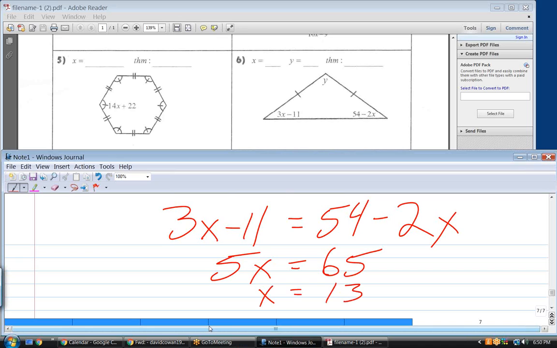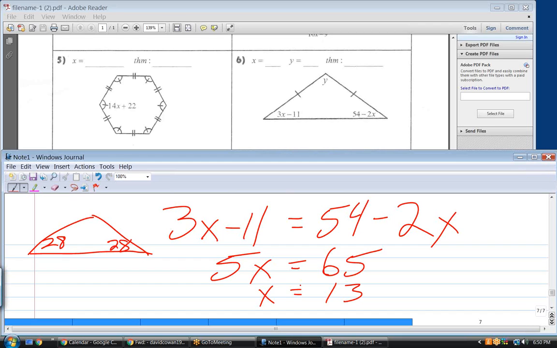Now, if x is equal to 13, how am I going to solve for y? We would just plug in 13 for x, which gives me an angle of 39 minus 11, which would be 28. And that's 28 there, right?